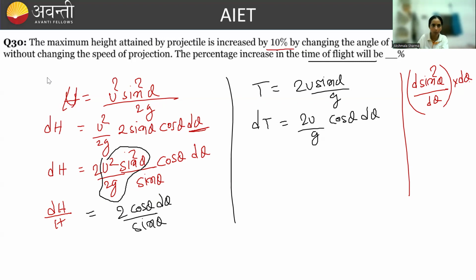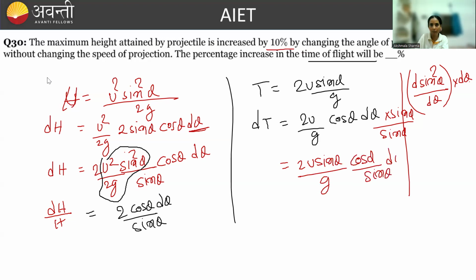So what will I do? I will multiply and divide by sin theta. So this will become 2u sin theta by g, and here cos theta by sin theta d theta. Okay? So dt by t is equal to cos theta by sin theta into d theta.